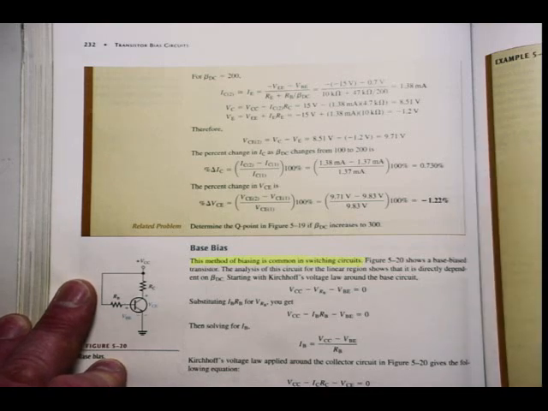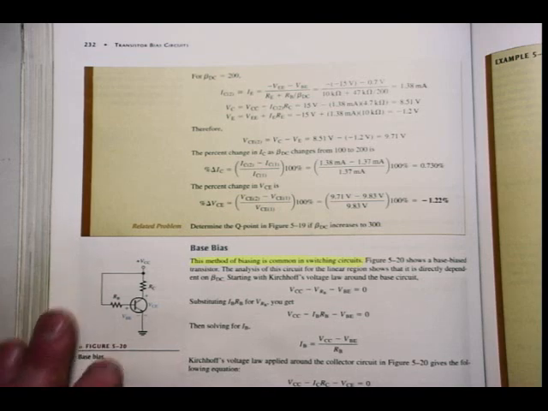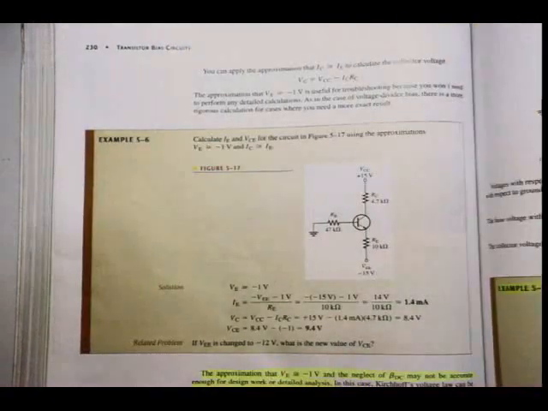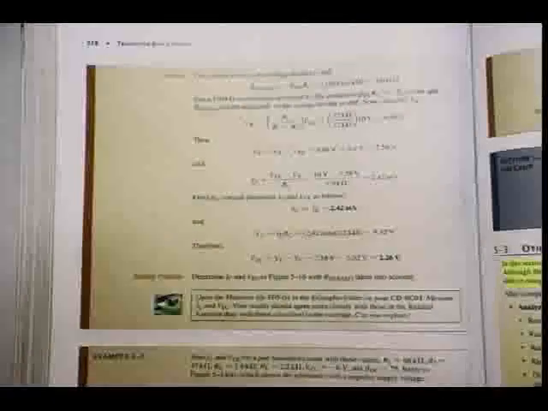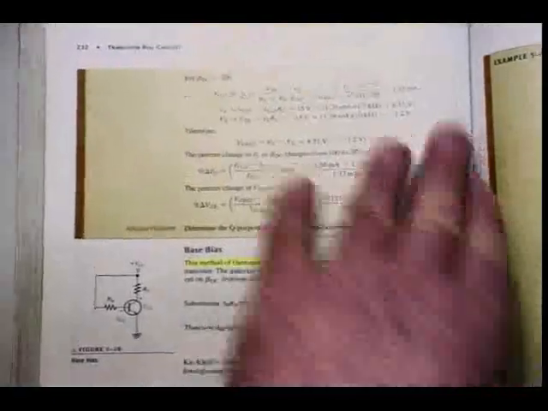I get a value of 0.73%. The percentage change in VCE is VCE2 minus VCE1 divided by VCE1 times 100%, which is minus 1.22%. That is the emitter biasing as discussed.